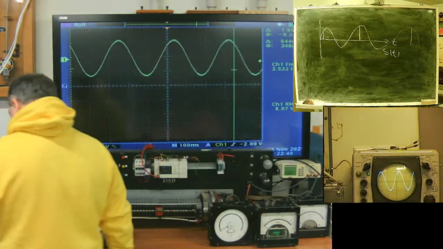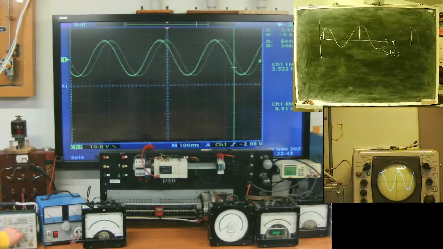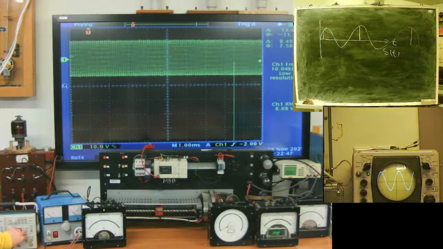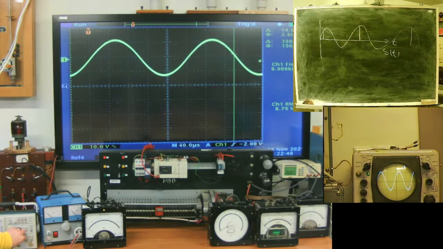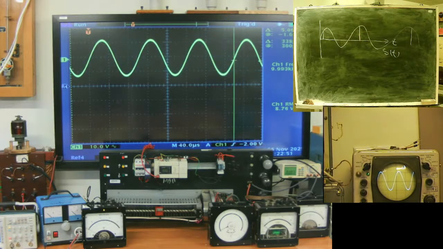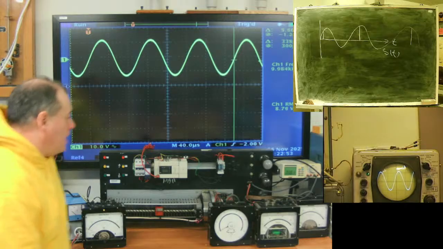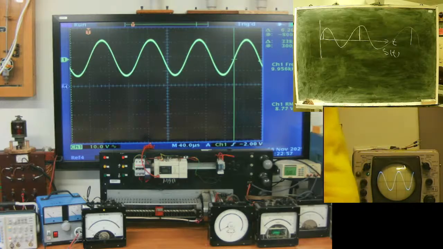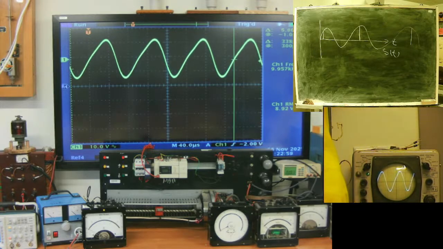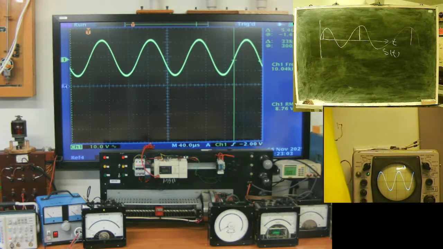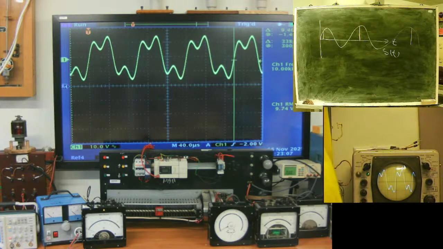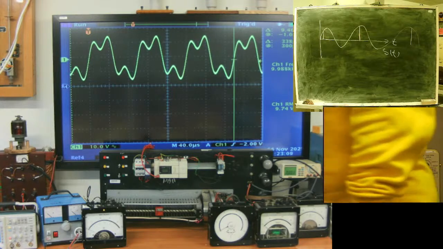Now, more interesting. Here is the true form of my signal, 10 kilohertz. I'm adding, what can I add? Here.